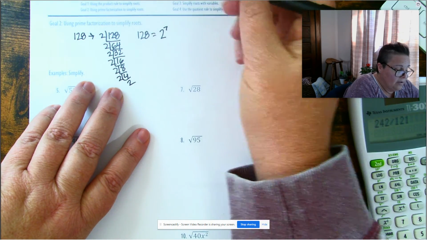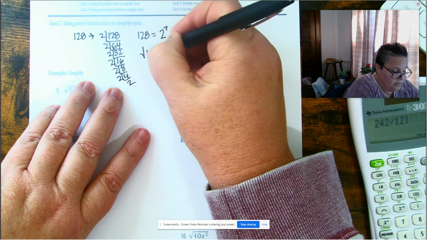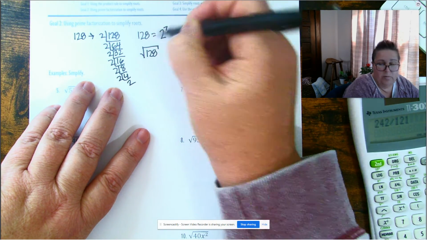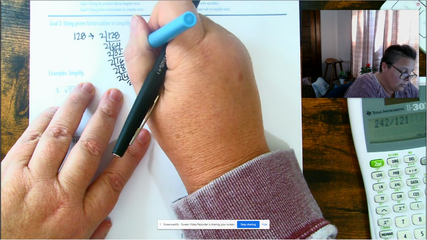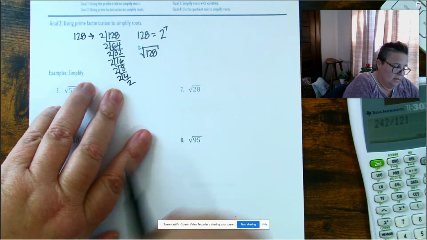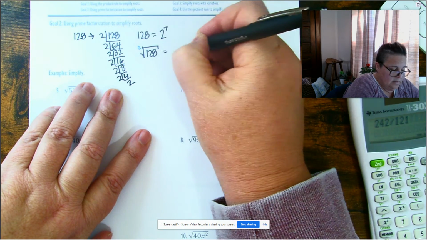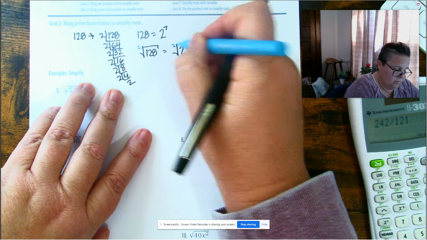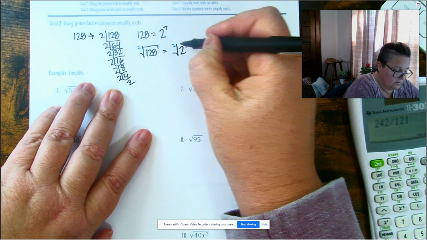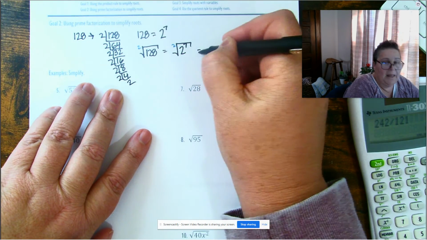So if I need the square root of 128, remember, what's the index on a square root? The index on a square root is a 2. This would be the square root of 2 to the 7th. What's the index on a square root? 2. We never write it, but we just assume. Do you remember last section?